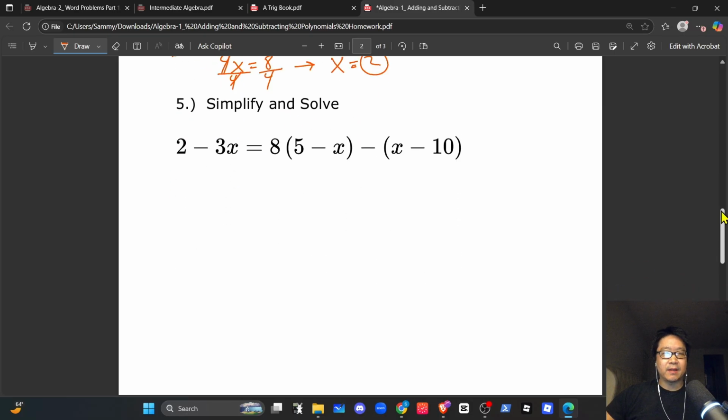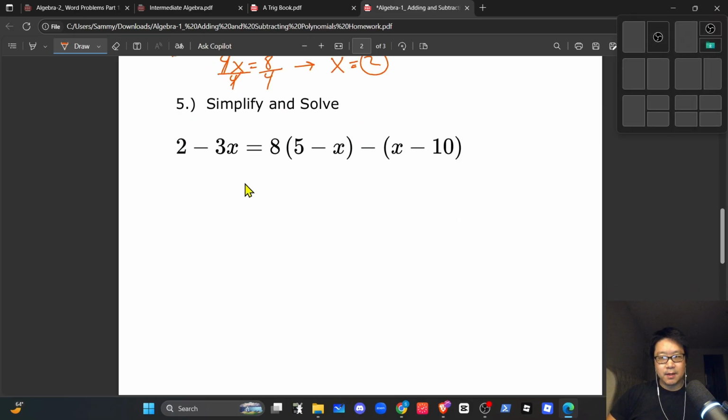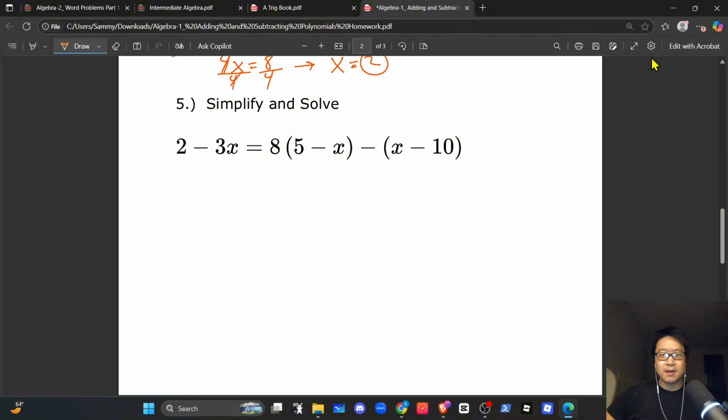Number 5, again, simplify and solve. This is nothing different. Everything is still exactly the same as it was before. It just looks a little complicated. So let's go ahead and distribute the 8 into the binomial, 5 minus x, and then we're also going to distribute the negative for x minus 10.